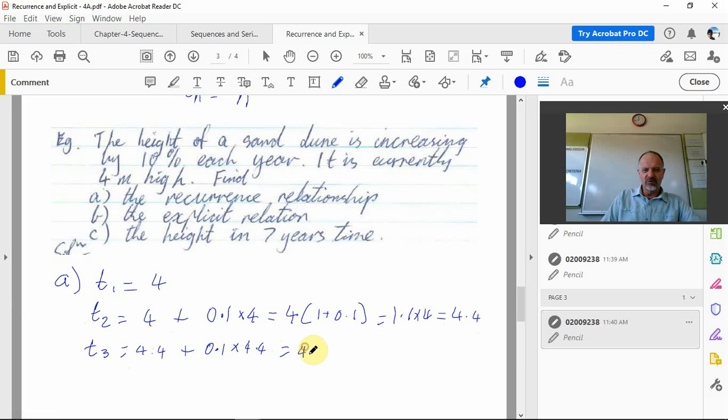And now this time 4.4 is a common factor, which is 1.1 times 4.4, which when you work that out is 4.84.